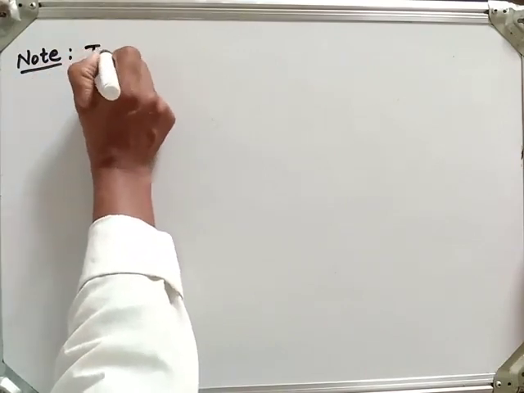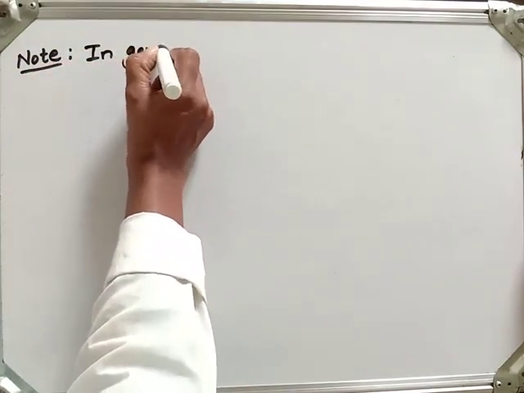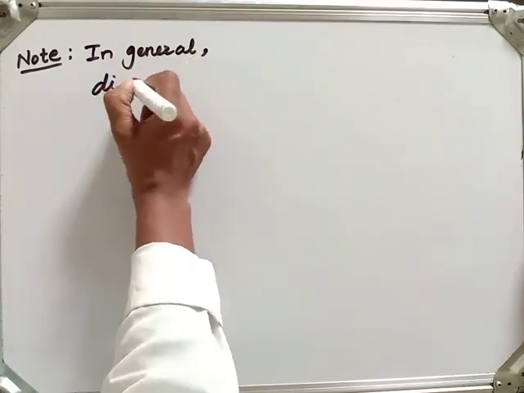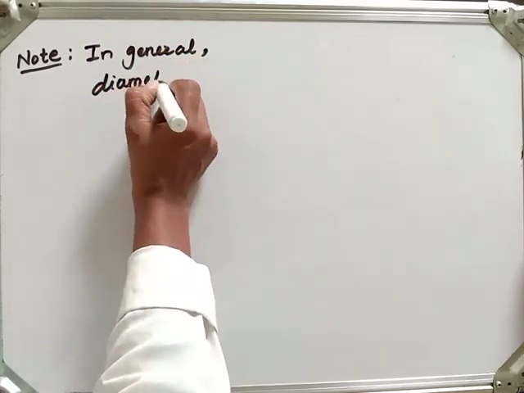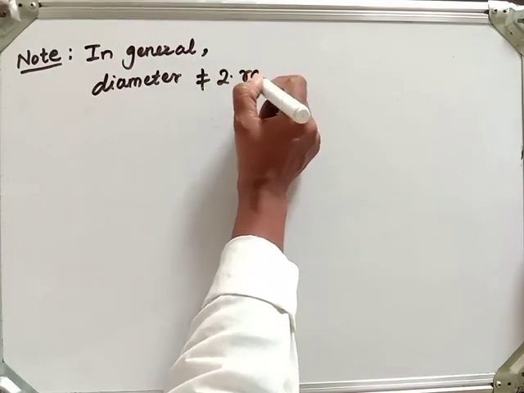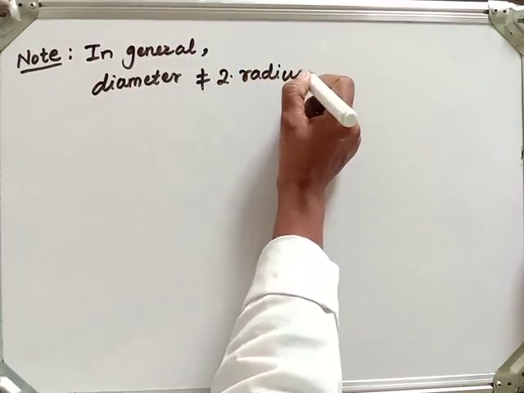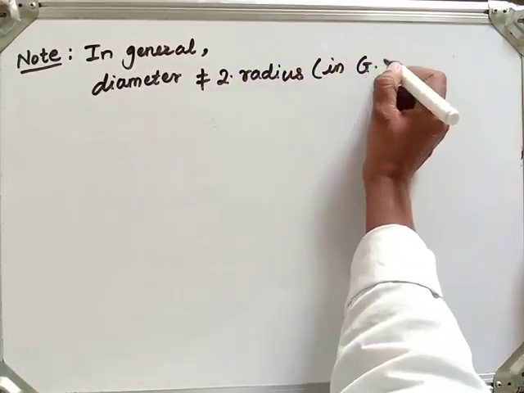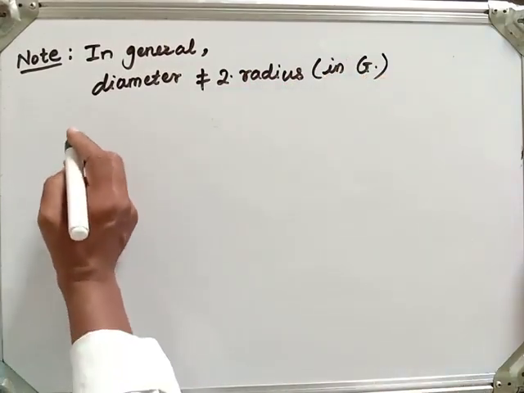In general, diameter is not equal to 2 times radius, as I have shown in the example, in a graph G.